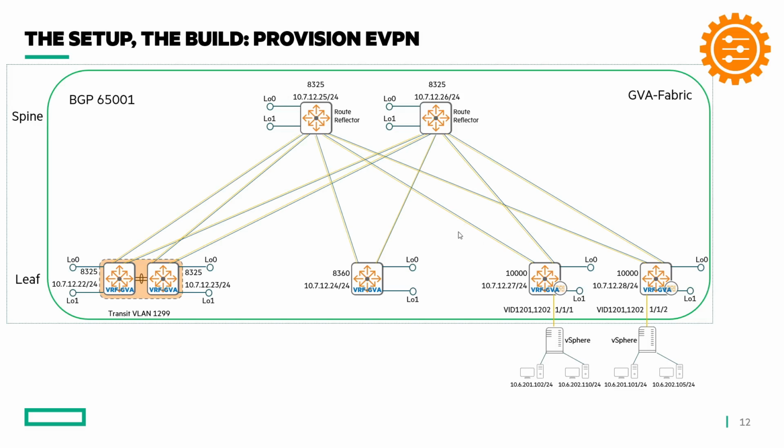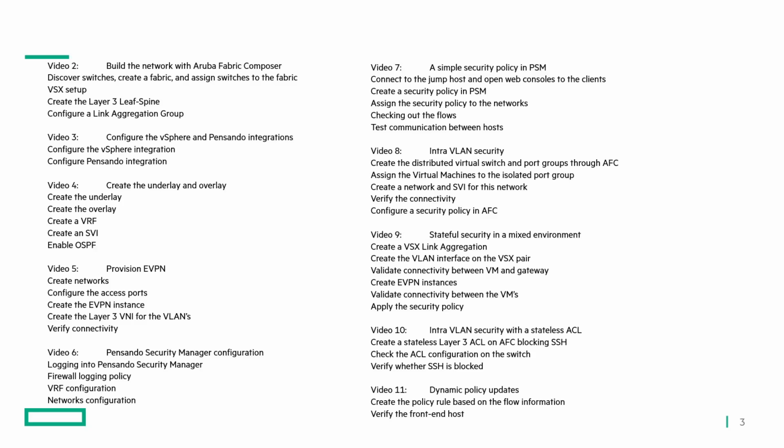There's a whole bunch of things that we need to do there, and let me also show you that. Here you go. You can see that we already did quite some stuff in the previous videos. Again, we're on video 5, so what we're going to do is create some networks. We'll configure some access ports on the 10K so that they have access to the relevant VLANs.